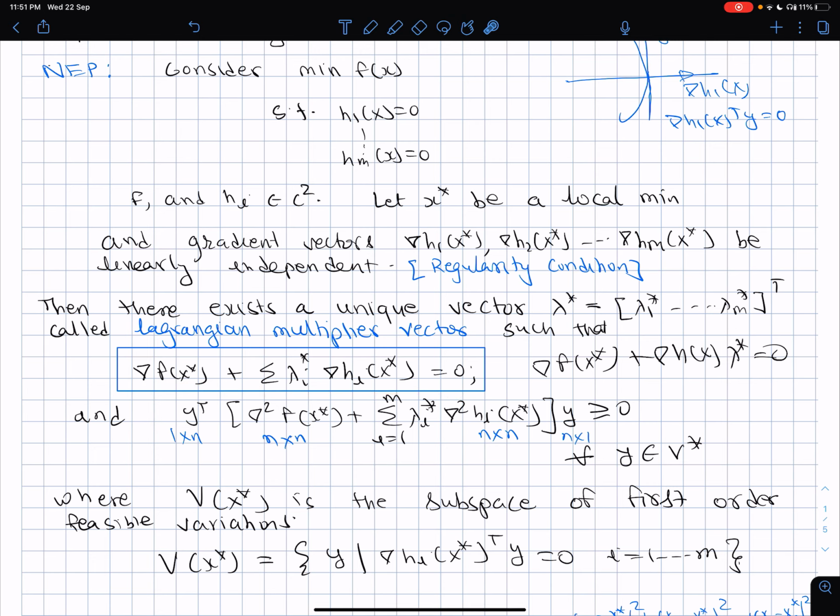And that is the very interesting proof of the first order optimality conditions for the NLP problem. The second order condition we will pick up in our next class. Thank you.